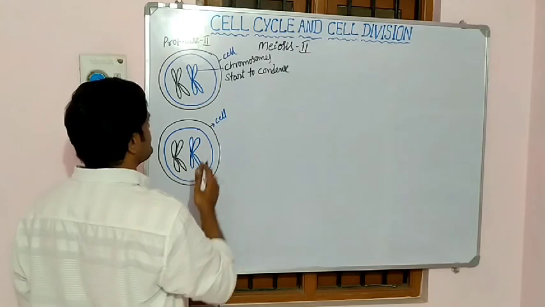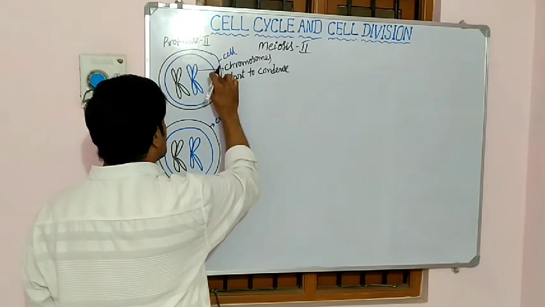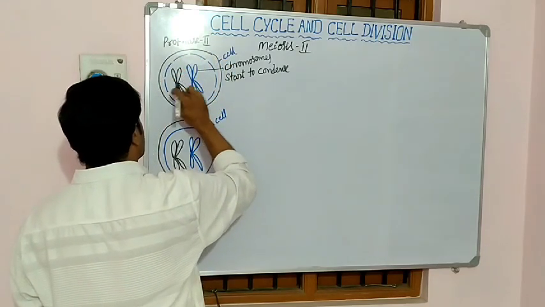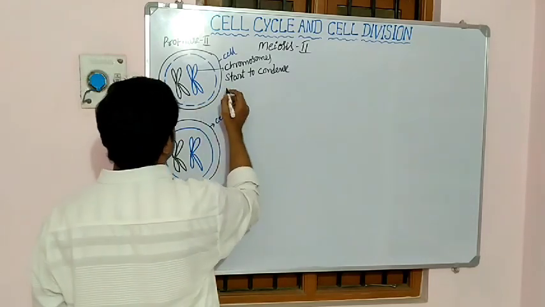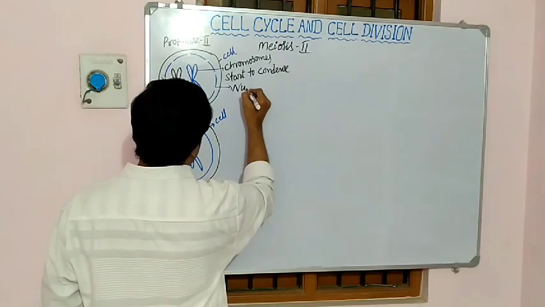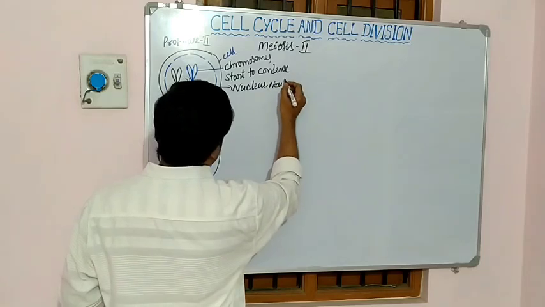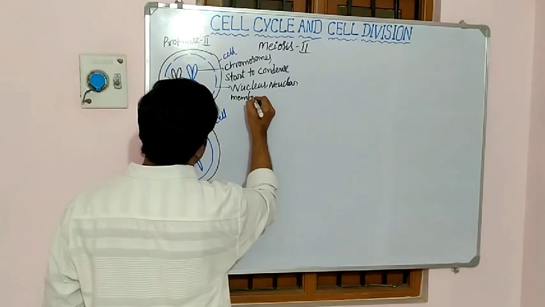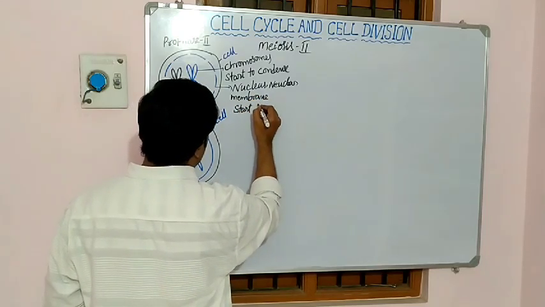The next change is that the nucleus and nuclear membrane start to disappear like this. See, the second change is that the nucleus and nuclear membrane start to disappear.